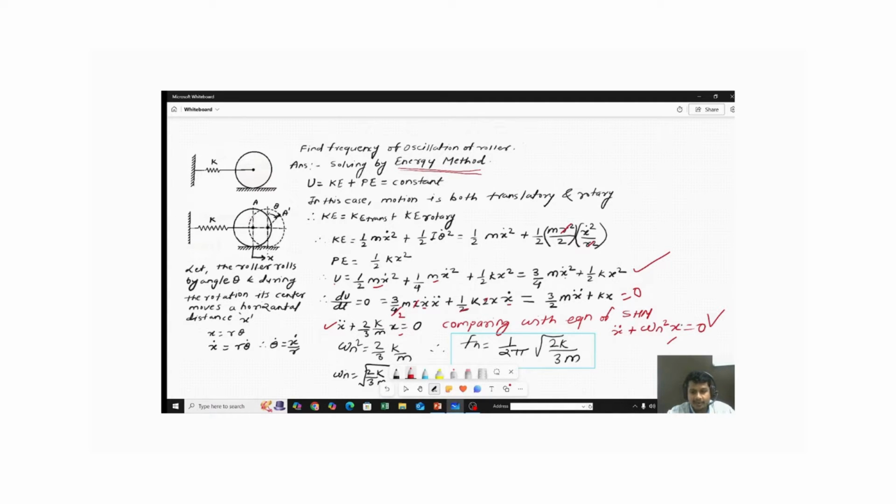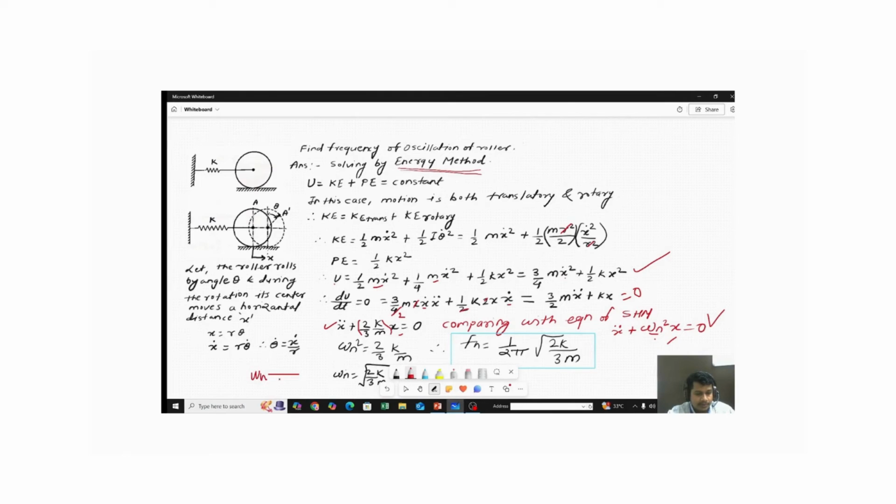Then we compared it with the equation of SHM, and if we compare, this term we can match with this omega n square. So we will get omega n square is equal to 2 by 3 k by m, and therefore omega n is equal to square root of 2 by 3 k by m. Okay, and if you want to find out frequency, omega n is equal to what?